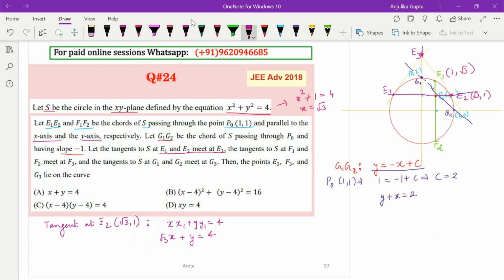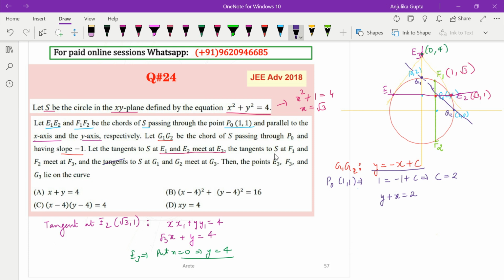And what are we trying to find out? This point E3. Okay, can you get E3 now? How do you get that? When you plug in x is 0, of course, right? So you put x is 0 in the above equation, you end up getting y is 4. Okay, so the E3 point is 0 comma 4. Let's write here. E3 point is 0 comma 4.